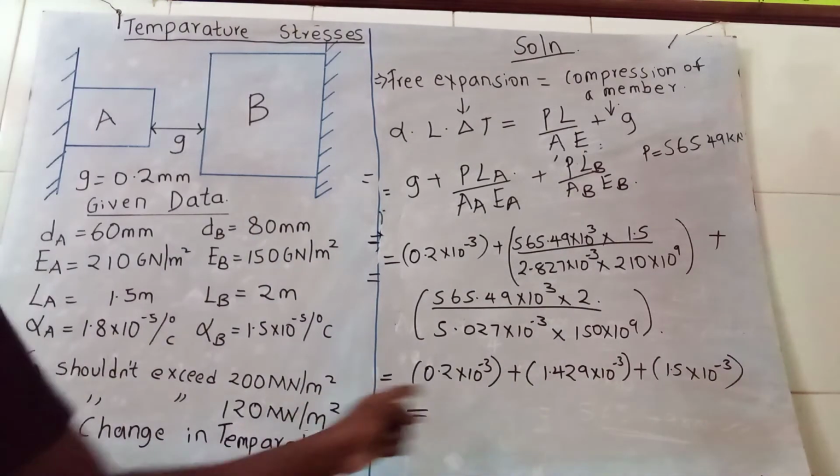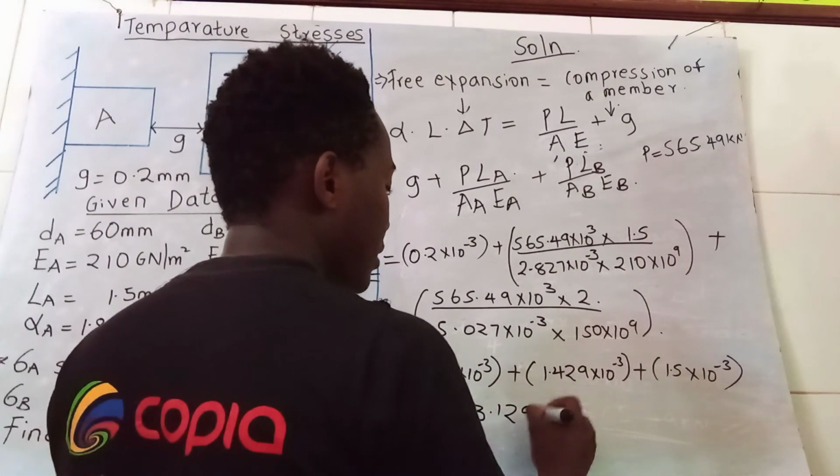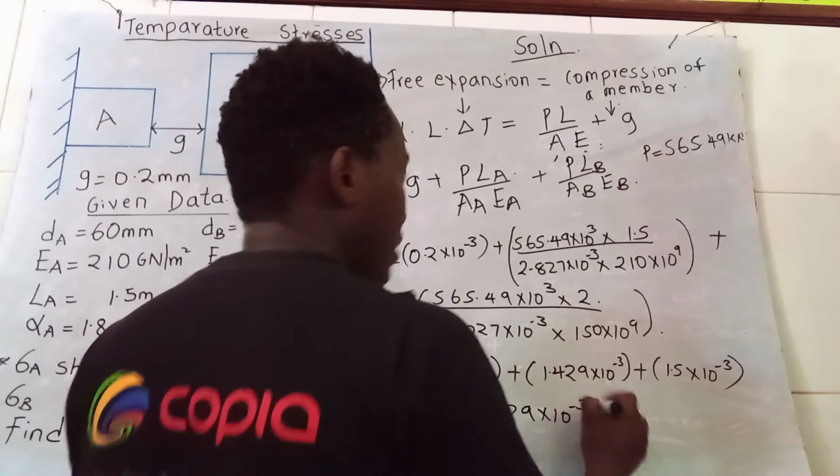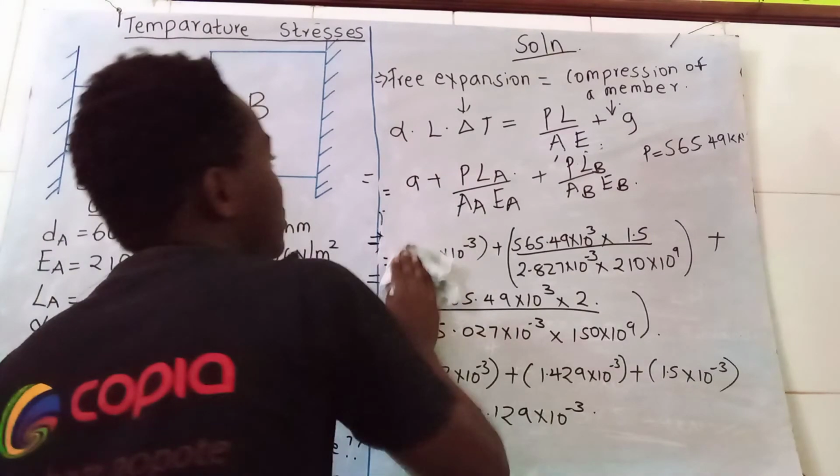Now with that, add all of them, giving 3.129 times 10 to the power negative 3.